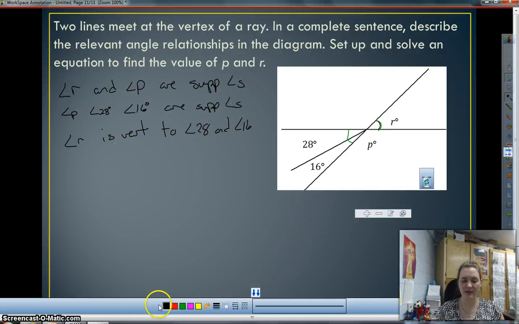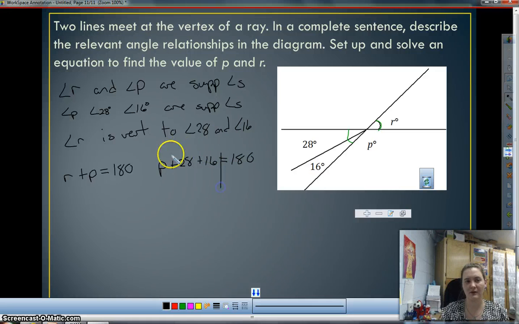So let's look. R and P are supplementary angles, which means R plus P equals 180 degrees. To fill that in, we have to find one or the other. P plus 28 plus 16 equals 180 degrees. 28 and 16 equals 44, so P plus 44 equals 180 degrees.